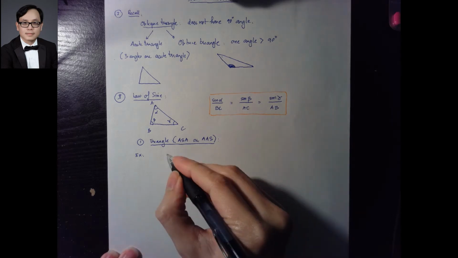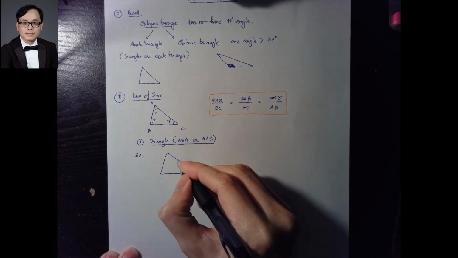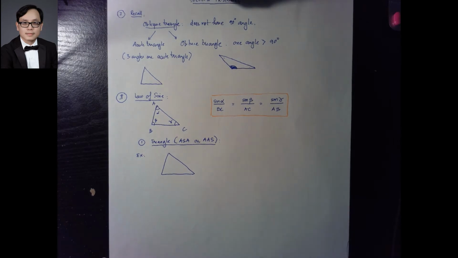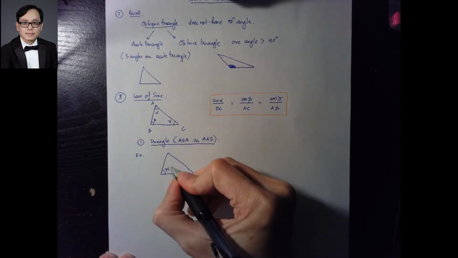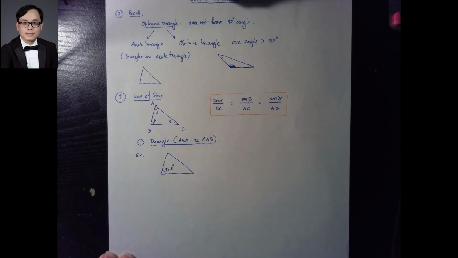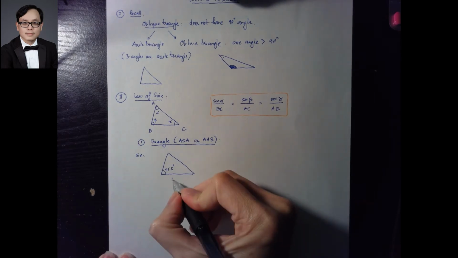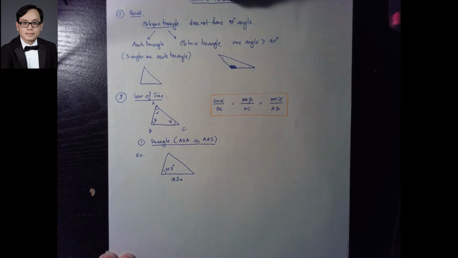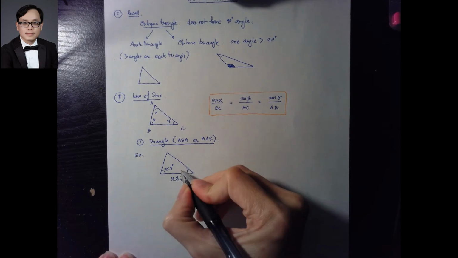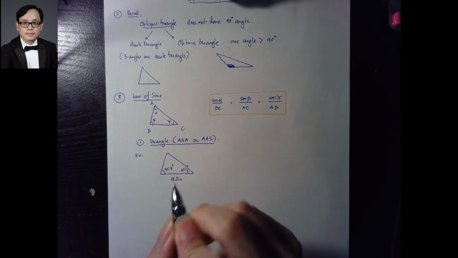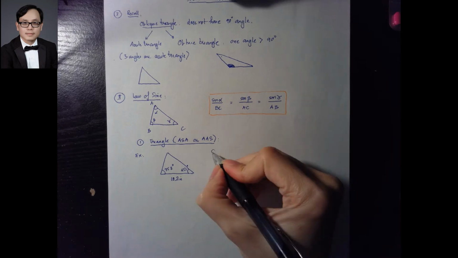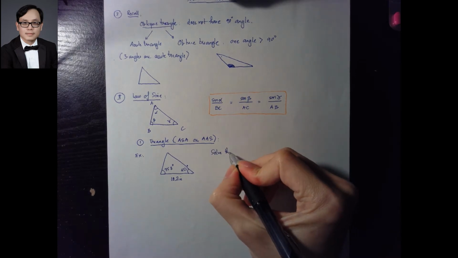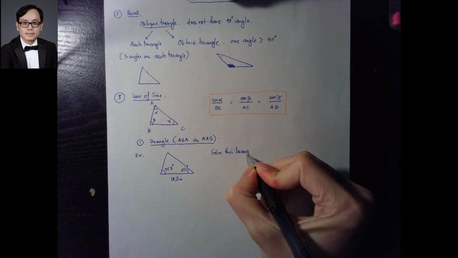I give you the triangle, with this angle 75.8 degrees, and this side is 10.2 inches, and this angle is 45.1 degrees. And I asked you to solve this triangle.